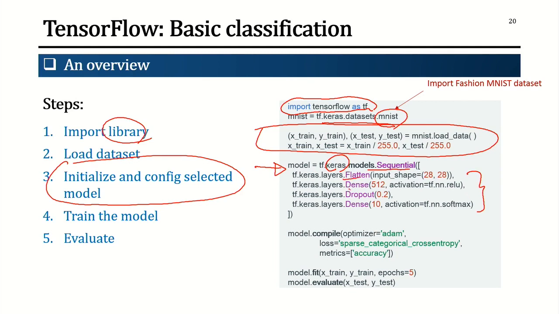We use Flatten, Dense, and Dropout to perform the configuration. Next, we need to compile our model using certain other configurations, like defining the accuracy metrics for the model. And next, we can train our model using the fit function.